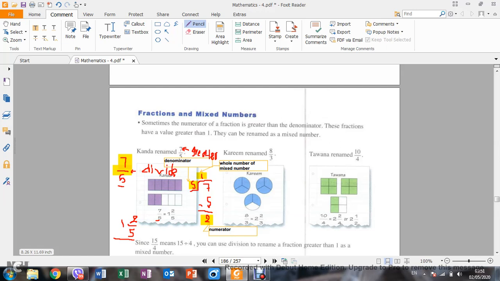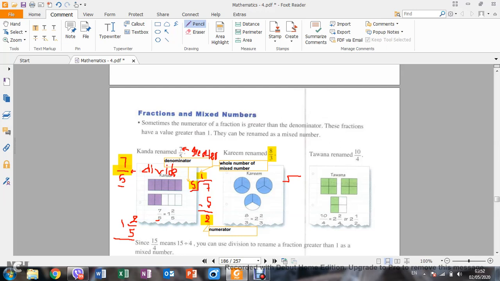Here I have 8/3. Again, you need to use divide, because our numerator 8 is greater than 3, so I should use divide for renaming this fraction like a mixed number.